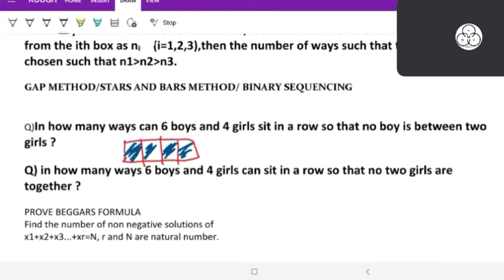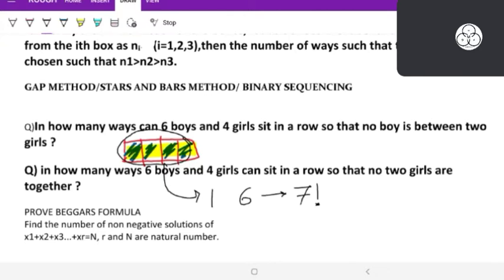Now, what we will do, we will consider this as a single unit. So this is a single unit, and there are 6 boys. So the total number of things is what? 7. 7 factorial. There are 7 factorial ways of arranging the single unit of girls and the boys.